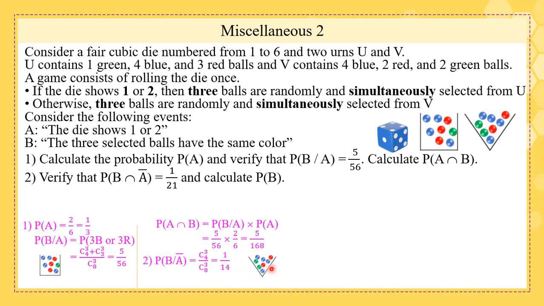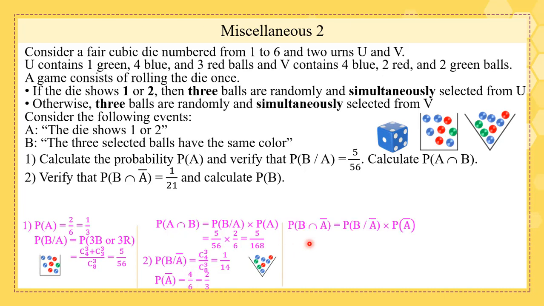In fact, here we cannot have more than one case, which is the probability of choosing 3 blue balls. So it will be 4 choose 3 over 8 choose 3. Now P of A bar is 1 minus P of A, which is 1 minus 2 over 6. Or we can see it also that we have 4 outcomes out of 6.